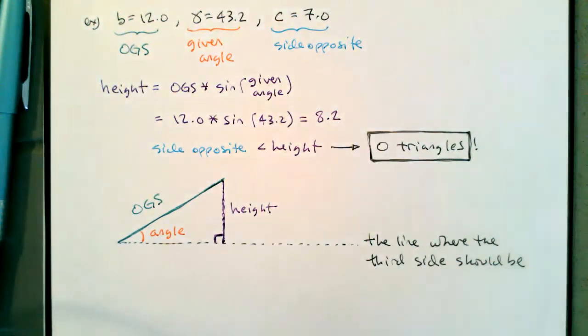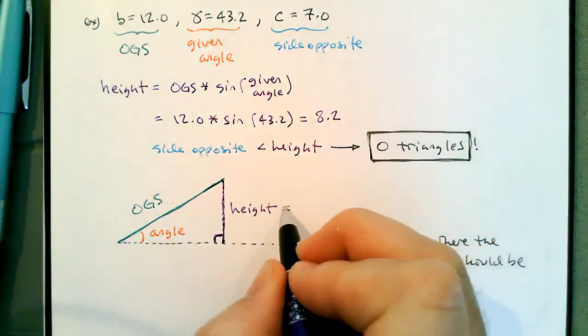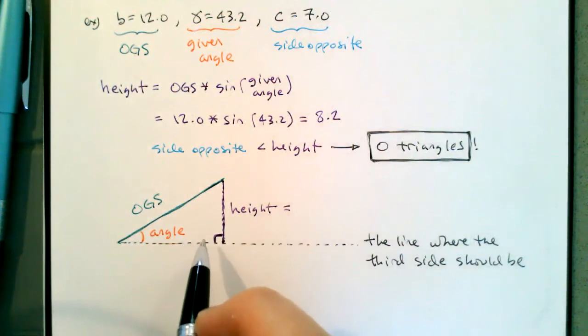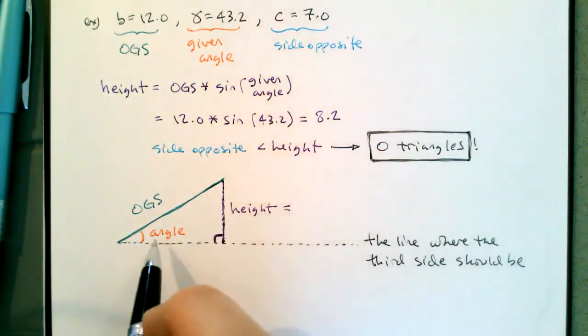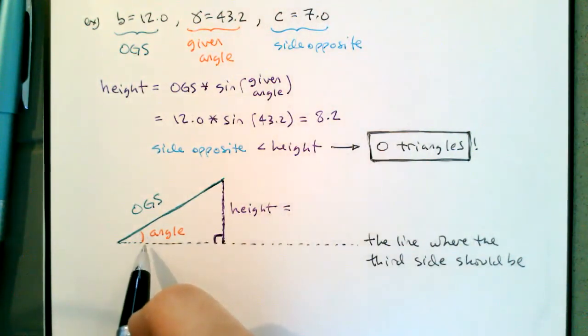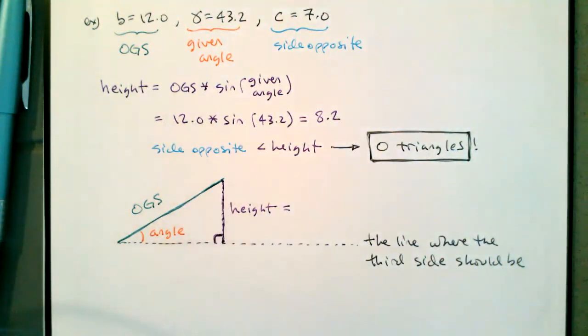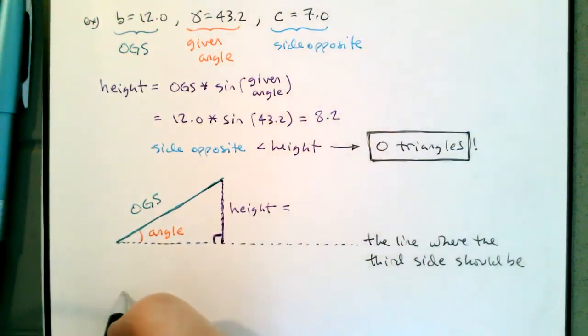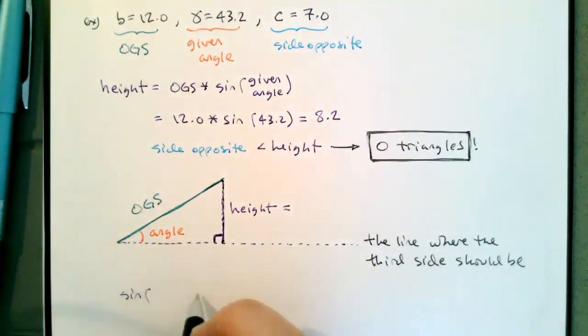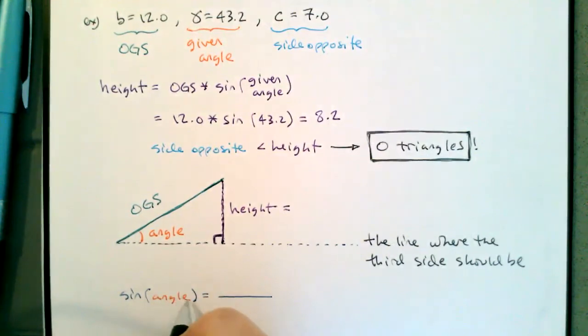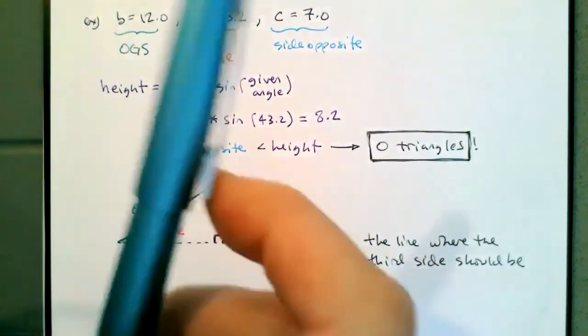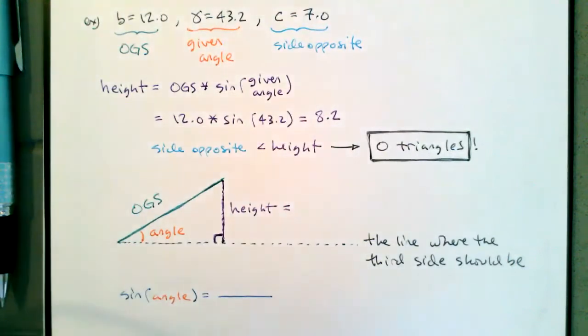So with right triangle trigonometry, we can see that the height is, well, we could say that the sine of the angle is opposite, which is the height, over the other given side. So if I set up a trig ratio, the sine of the angle is the opposite height over the other given side in a right triangle, because the other given side is the hypotenuse.